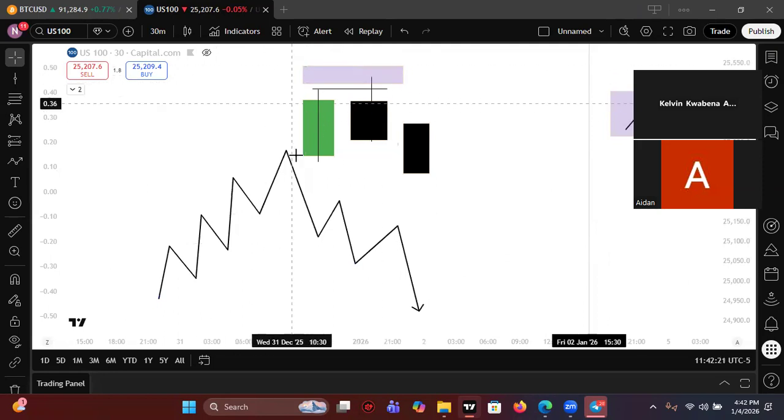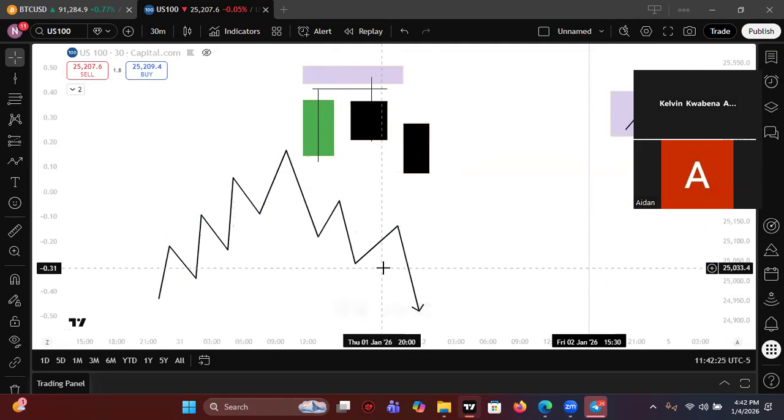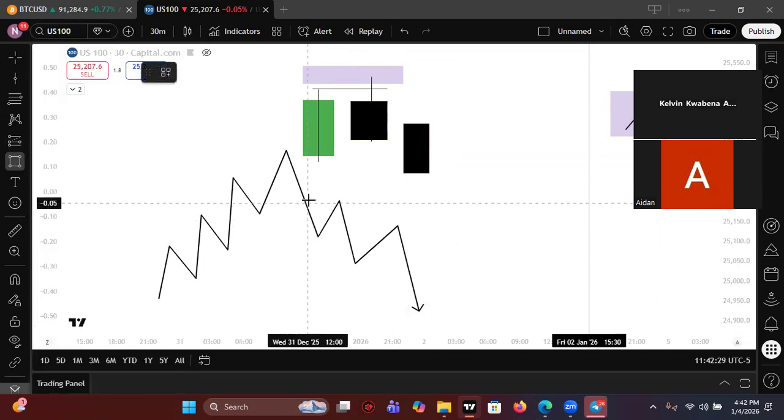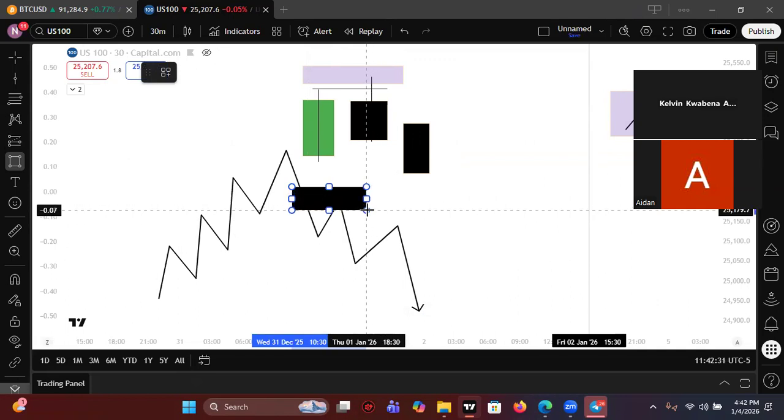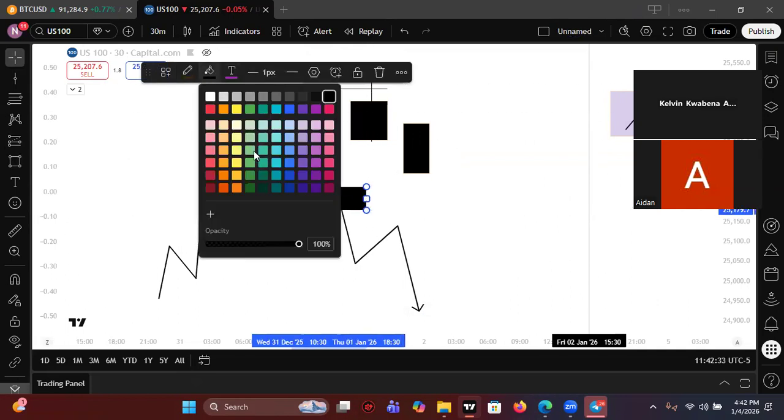So when you get your C2 closure, you go to the 4-hour time frame, you're going to see a market maker model this way. And then you get to see that maybe the ICT 2022 model will present itself. You get your fair value gap, and then you can take your trade from there.